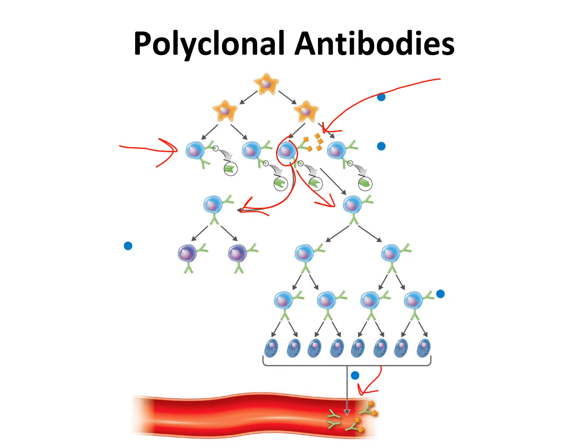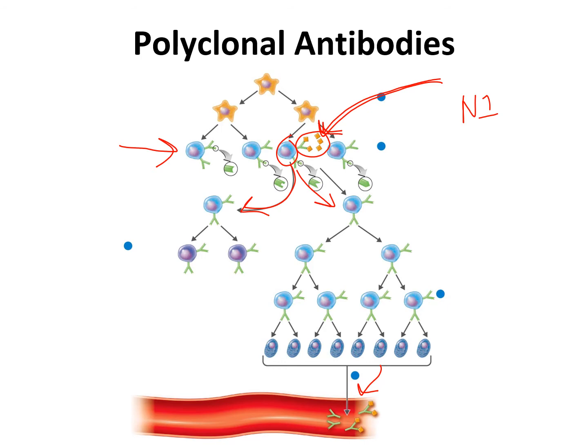So one way to generate antibodies that can be used in a diagnostic test is to take a test animal. Usually a rabbit is what they have used. They inject the rabbit with the antigen they are looking for. So let's say it's H1N1. You inject the N1 antigen from the flu virus into the rabbit.